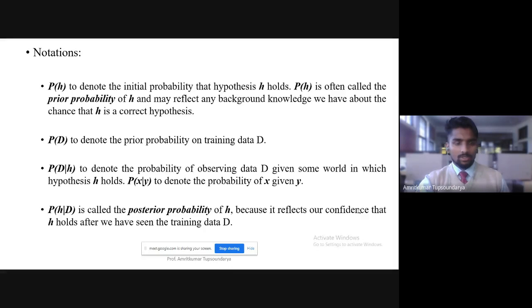P of d given h is the probability of observing data d given the hypothesis h. And P of h given d, which we are going to compute using the above three notations, is called the posterior probability.